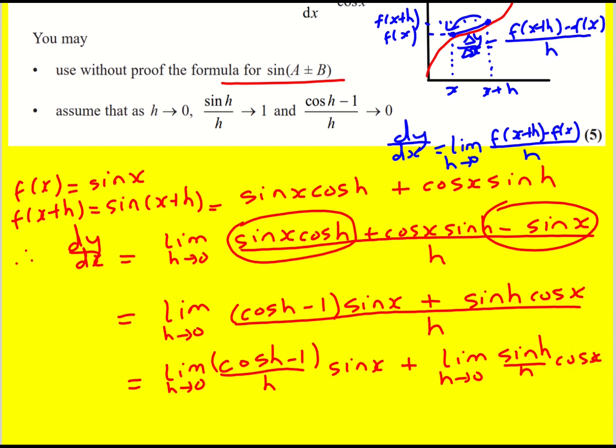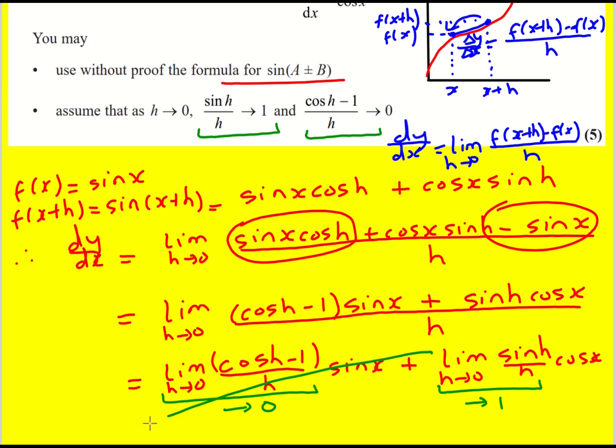And what we can see is that this one tends to 1, just that bit there, approaches 1, whilst this one here approaches 0. And so essentially this cancels out, and we're just going to be left with cos x. Because I've got 0 on the left, I've just got 1 times cos x on the right. We get as our final answer cos x.